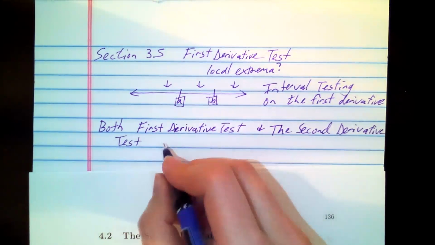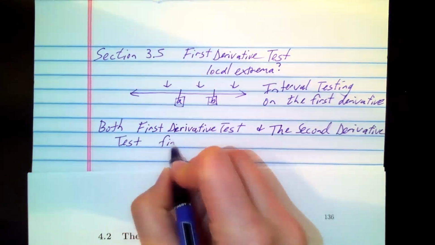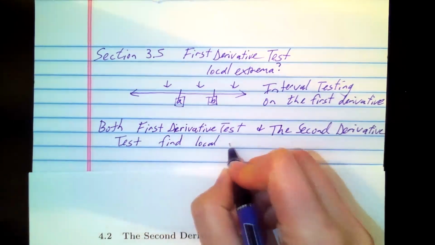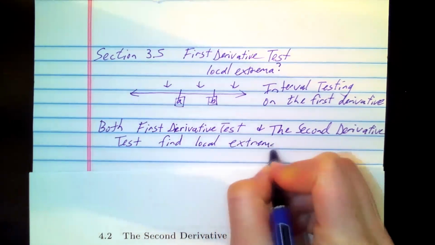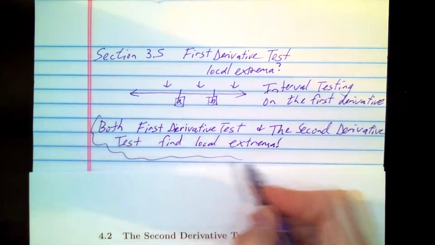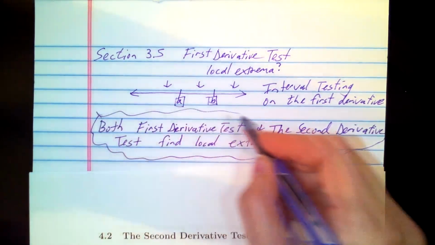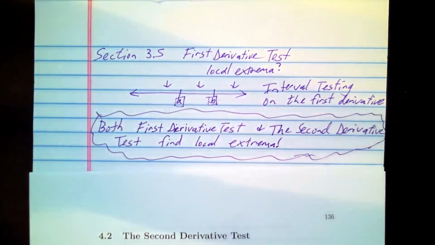We just do it different ways. So this is where we're going to find our local maxes and mins. This is a very important thing to note.